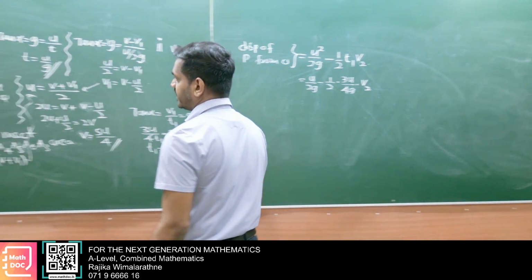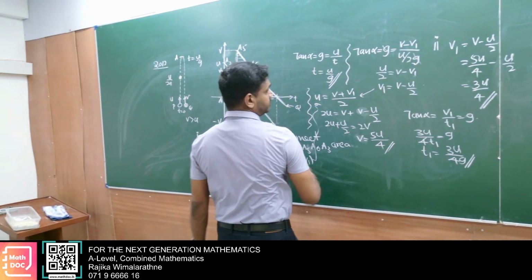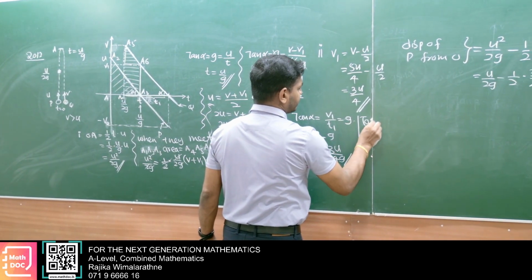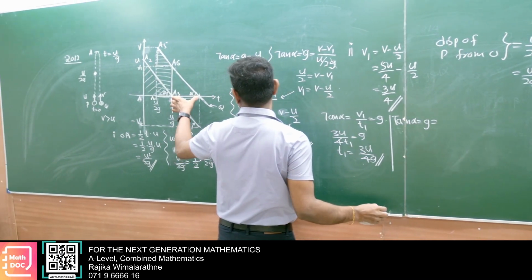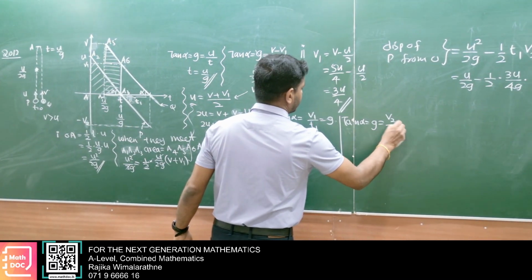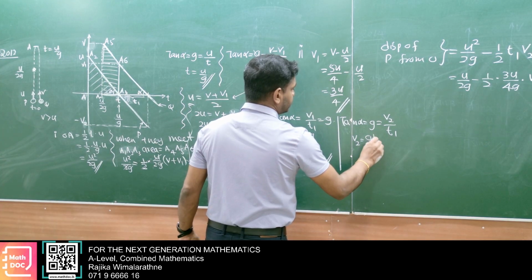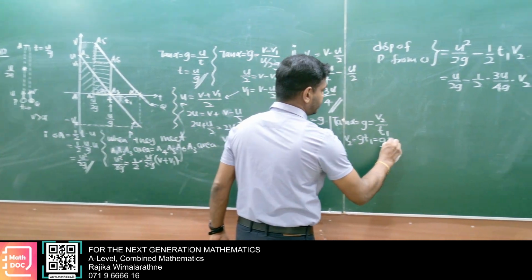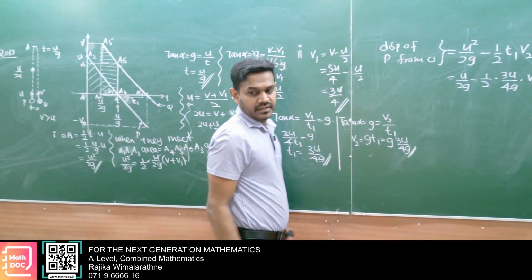Now you find similar V2 value. Then again take tan alpha, G equals V2 over T1. Then V2 equal G T1, T1 is 3U over 4G. Here V2 value.